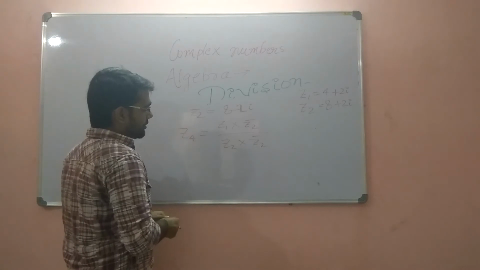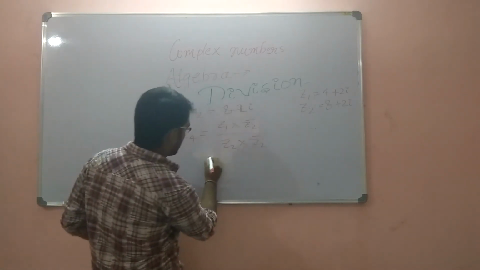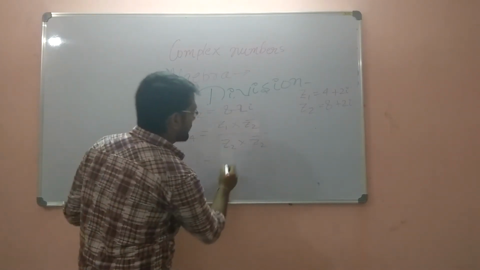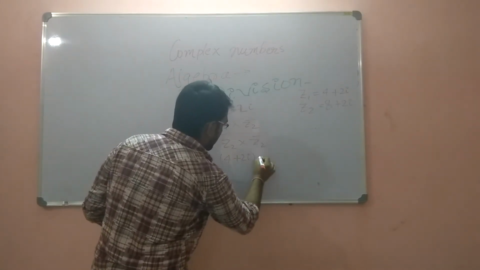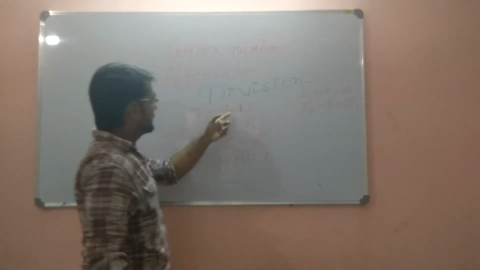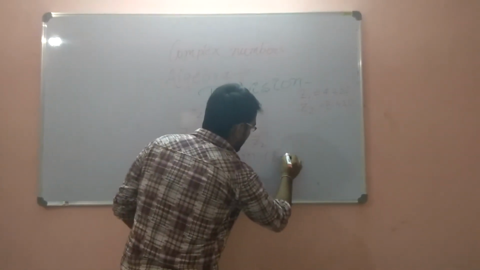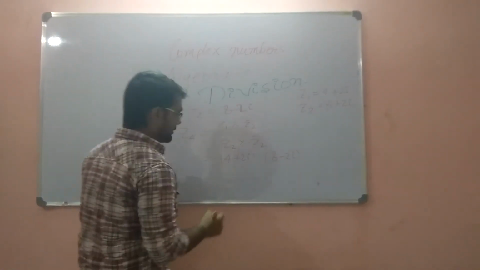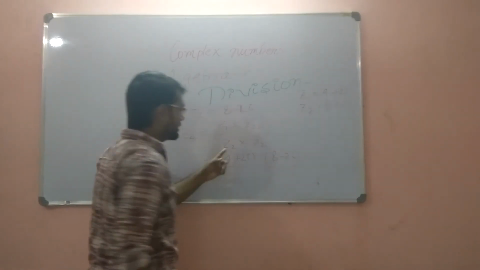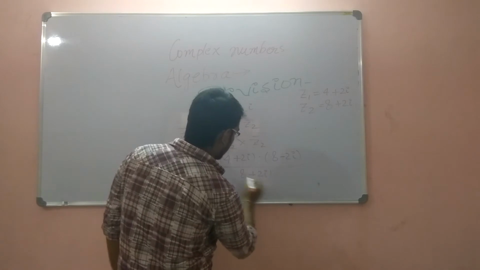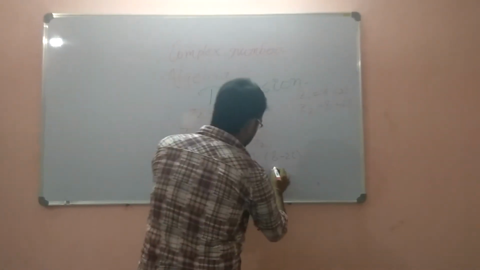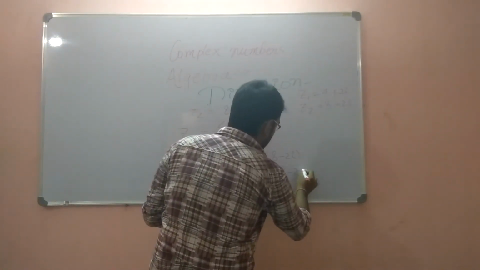Here z1 is 4 plus 2i into z2 bar, which is 8 minus 2i, and z2 is 8 plus 2i and z2 bar is 8 minus 2i.